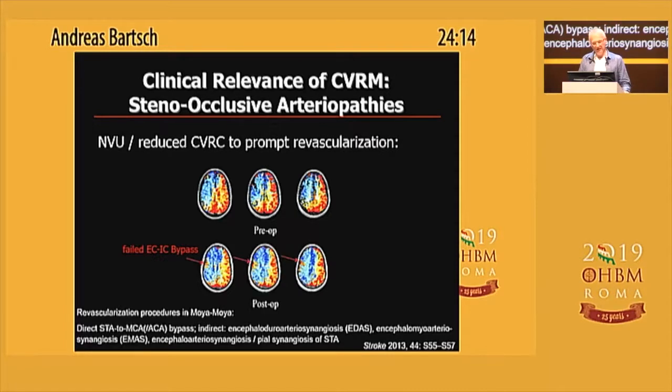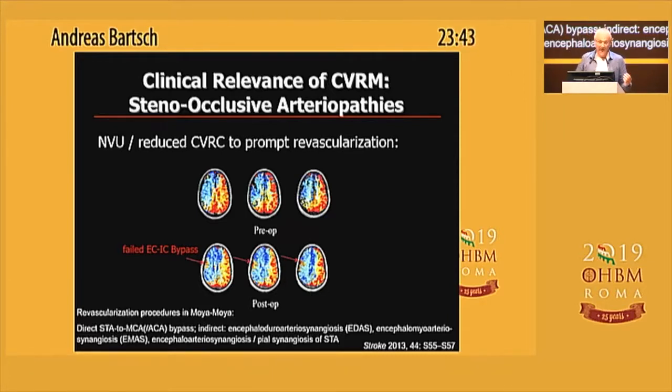This is a Moyamoya case with hypoperfusion in the right territory, in the territory of the right middle cerebral and anterior cerebral artery, and a direct STA, superficial temporal artery, to middle cerebral artery bypass was placed here, but it failed.